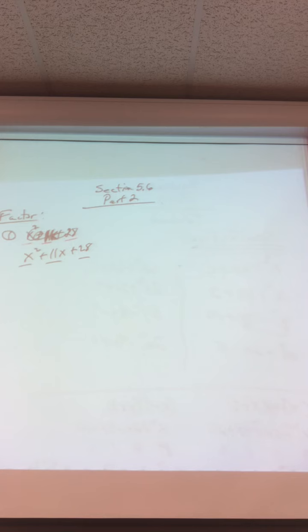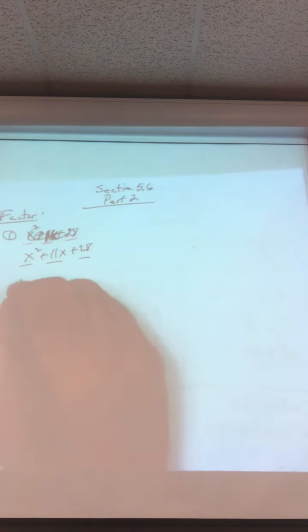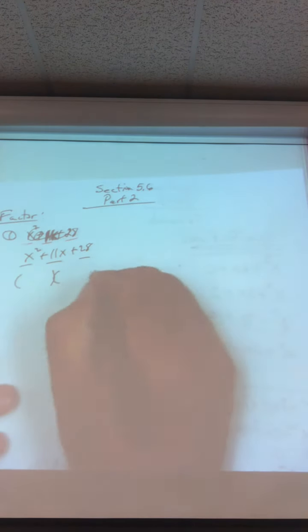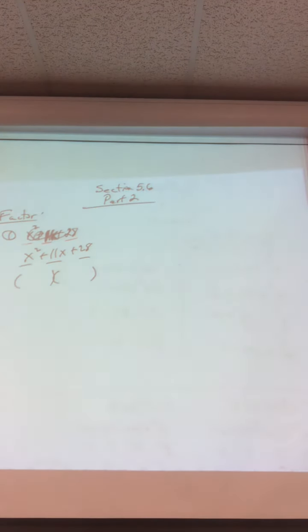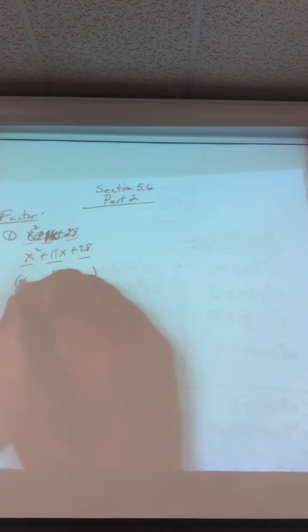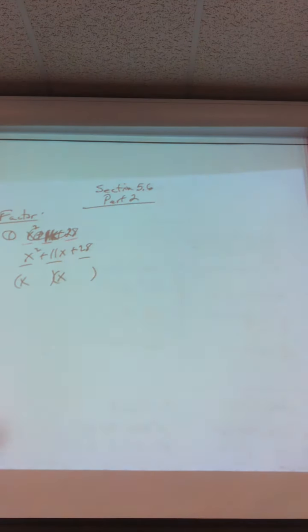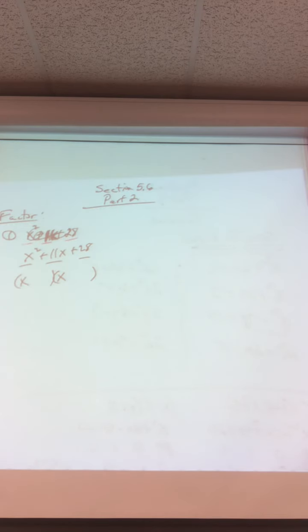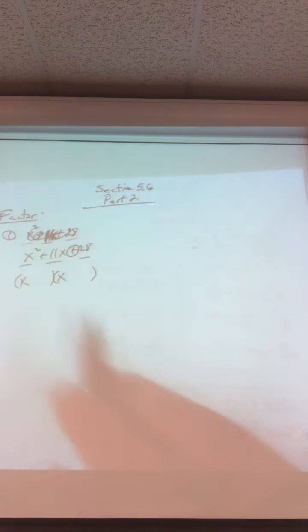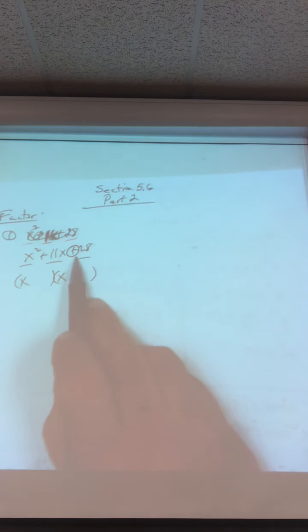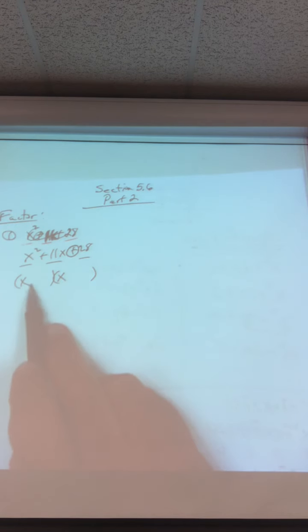We said that all of the trinomials of this type, if they factor, will factor as a binomial times a binomial. So let's break up the x squared. Well, that's easy, x times x. The next thing I do is look at this sign right there. If this is a plus, this tells you the signs down here are the same.